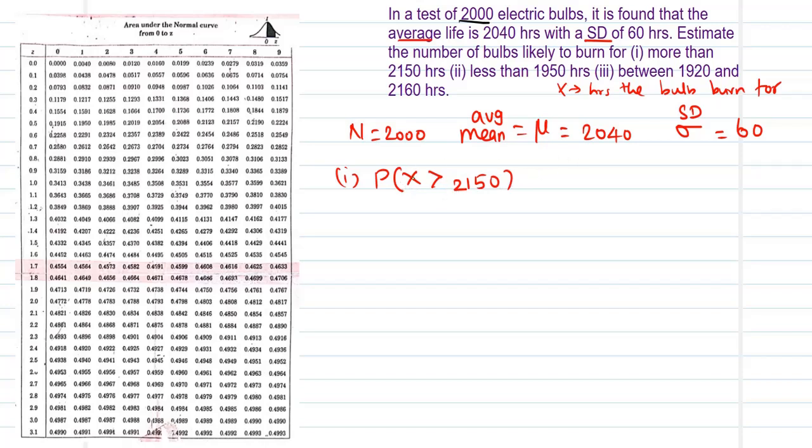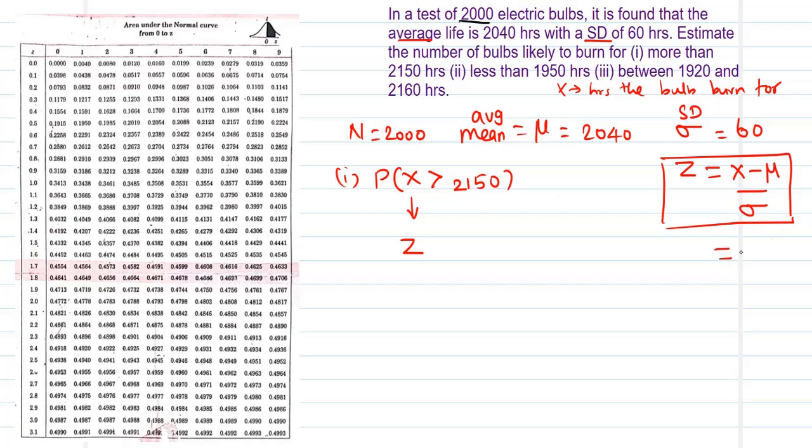Now we know that the given problem in x has to be converted into that of z using the standard normal variate transformation, x minus mu divided by sigma. So the formula to recollect is z equal to x minus mu divided by sigma. The problem in x has to be converted to a problem in z. How to do it? Substitute the values.